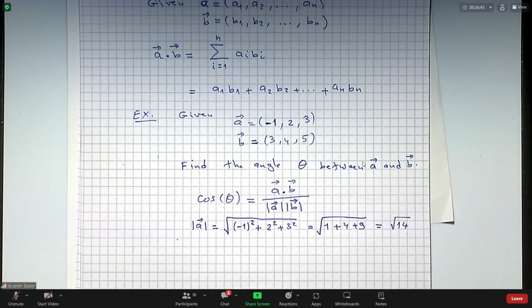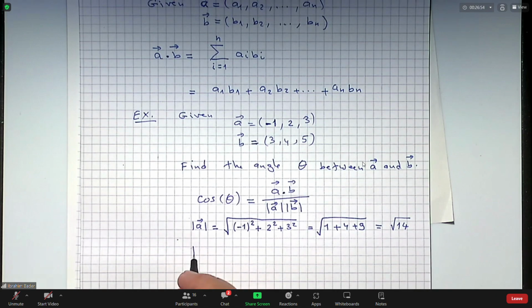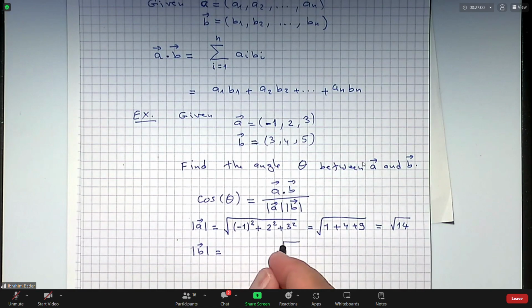Okay, so the second thing here is to evaluate similarly the magnitude of B. Here we don't have a negative, so no need to enclose it in parentheses. So 3 squared plus 4 squared plus 5 squared.